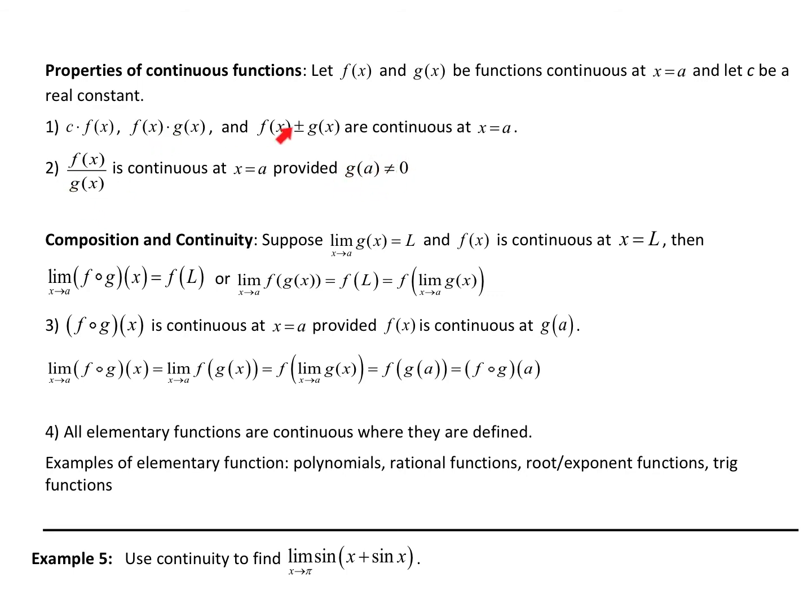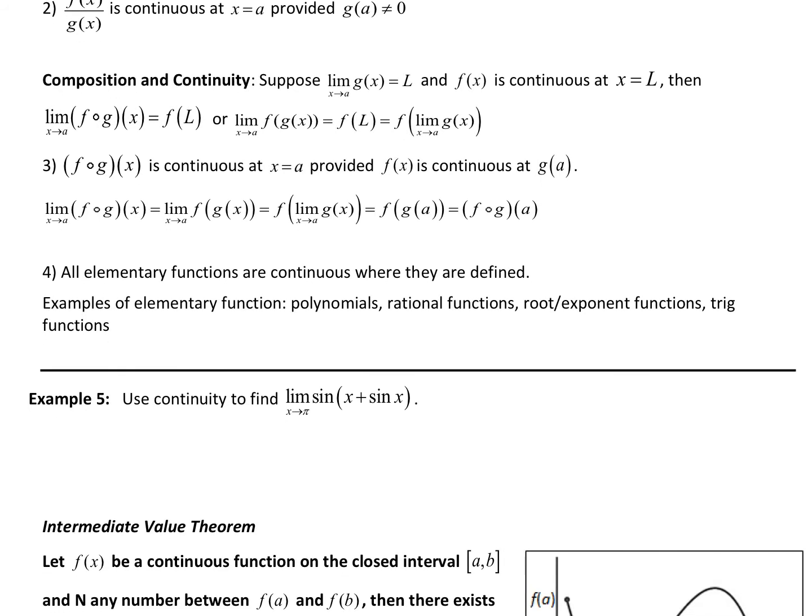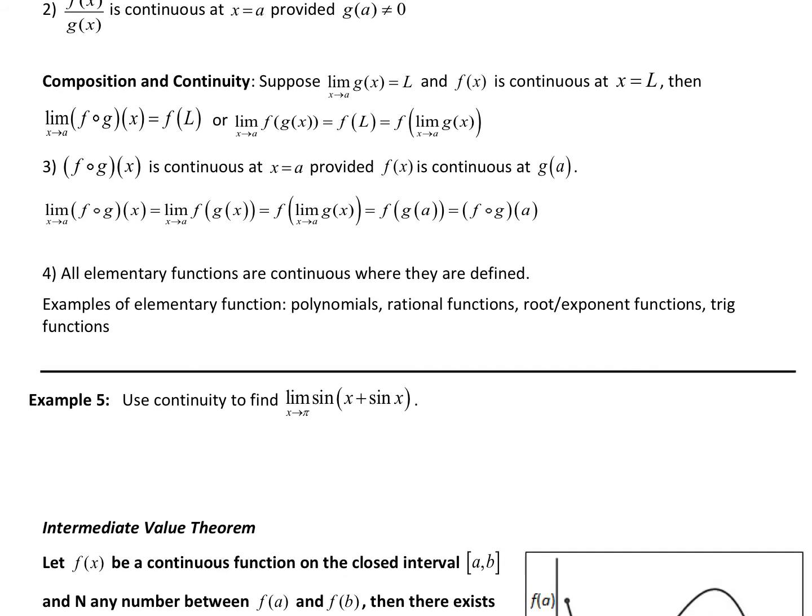So you can multiply, add, and divide continuous functions and you'll have a continuous function. You can compose continuous functions, and that will also be continuous. It's kind of convoluted, but basically, if you mix continuous functions together, the result is also continuous.